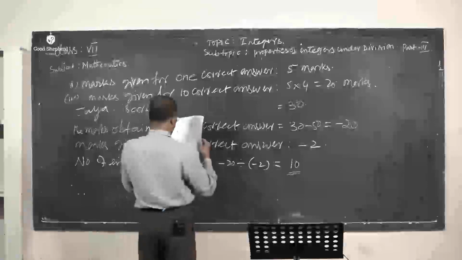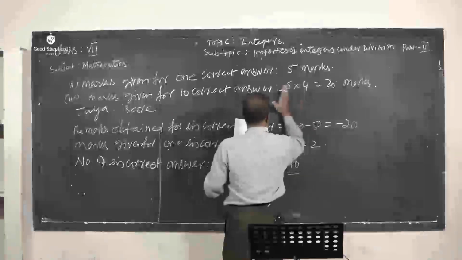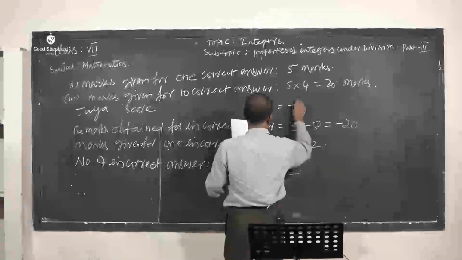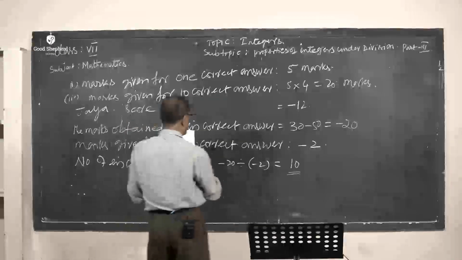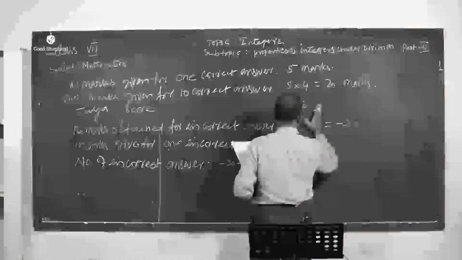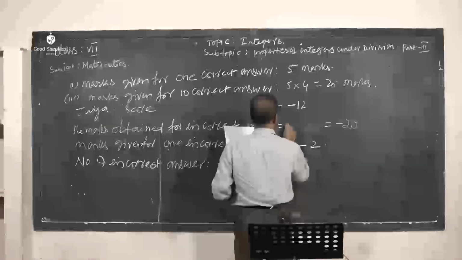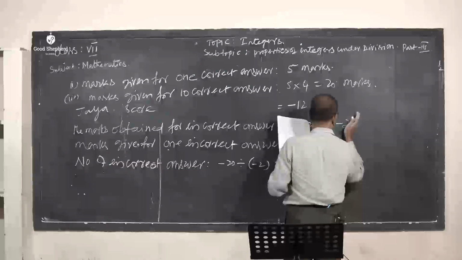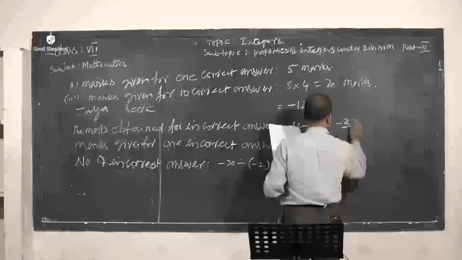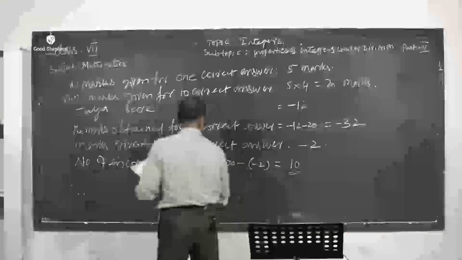Jaya scored, how many marks? Jaya got only minus 12 marks. So the marks obtained by the incorrect answers is minus 12 minus 20, which is equal to minus 32. She lost so many marks, correct? Each incorrect answer is minus 2.